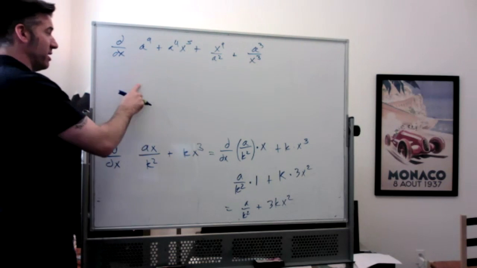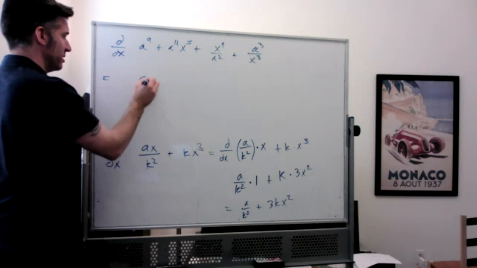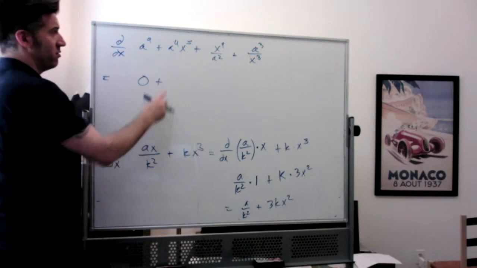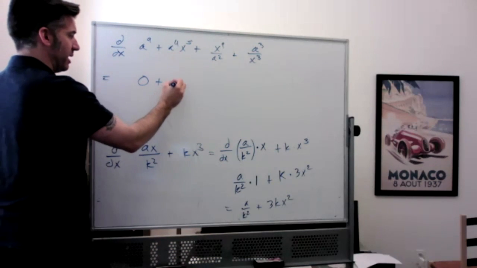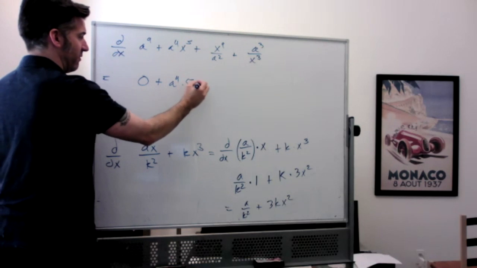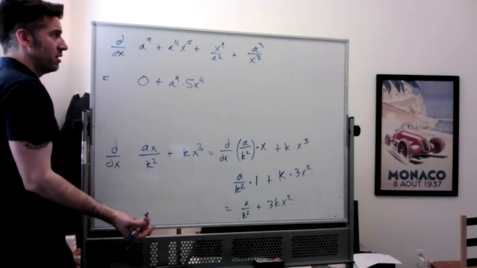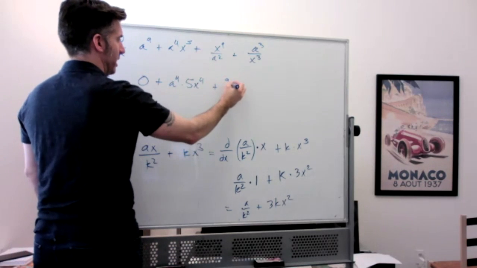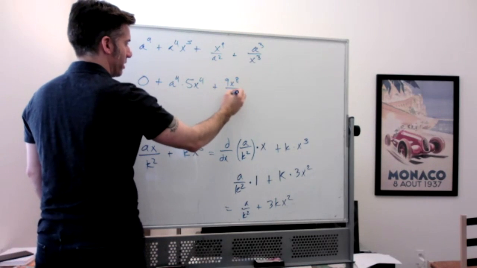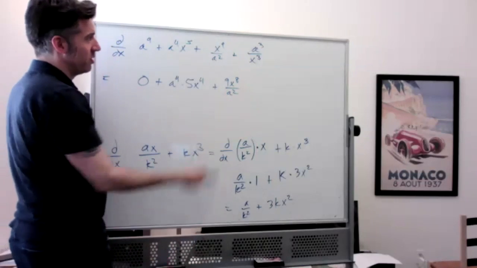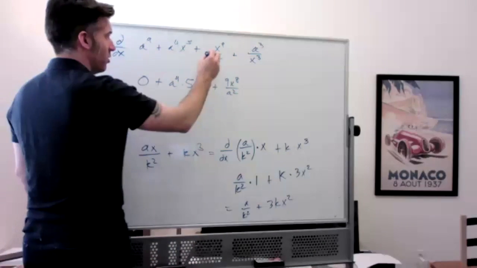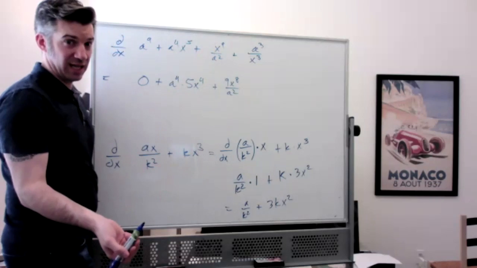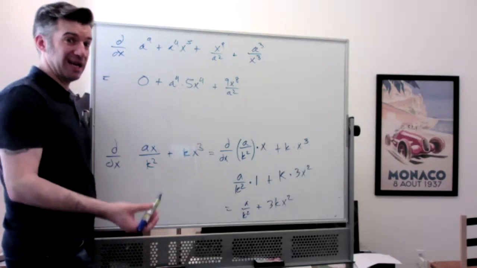So the derivative of a to the 9th is 0. The derivative of a to the 4th times x to the 5th is a to the 4th times 5x to the 4th. The derivative of x to the 9th over a squared is 9x to the 8th over a squared, because I'm thinking of this as 1 over a squared times x to the 9th, and the derivative is 1 over a squared times 9x to the 8th.